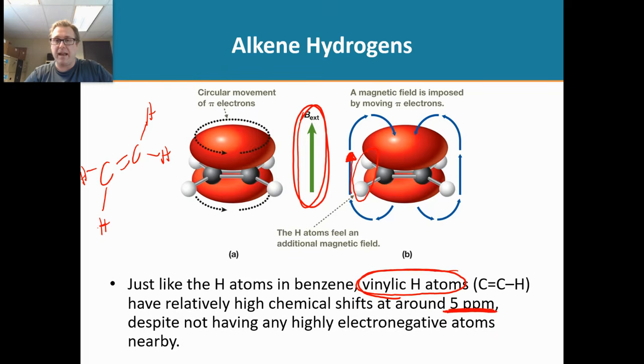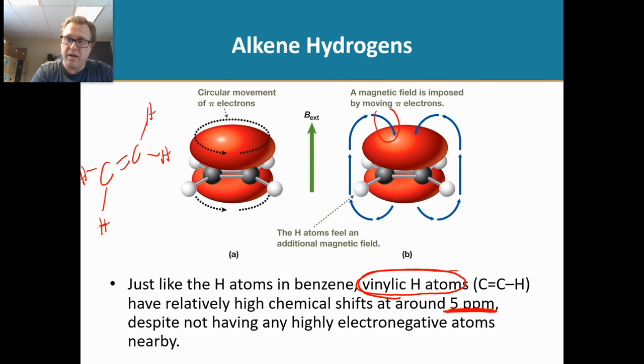Because when you look back here, these down arrows right here don't influence the hydrogens because those blue arrows are nowhere near the outer hydrogens.